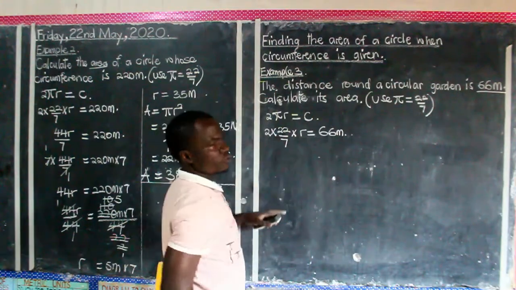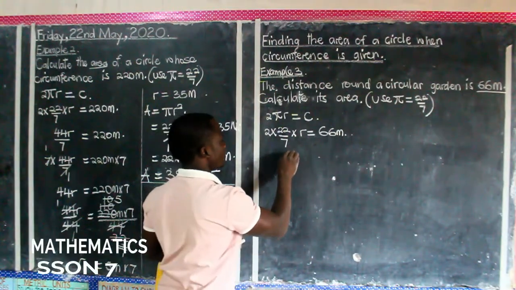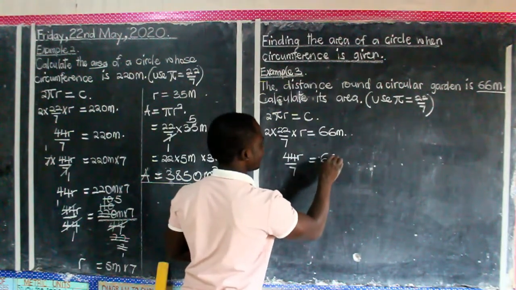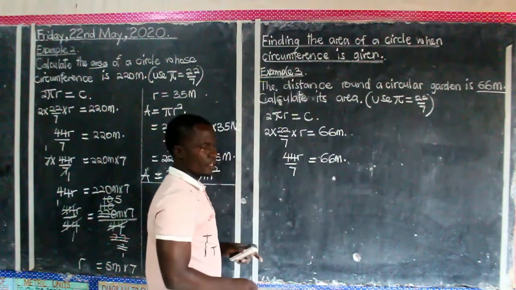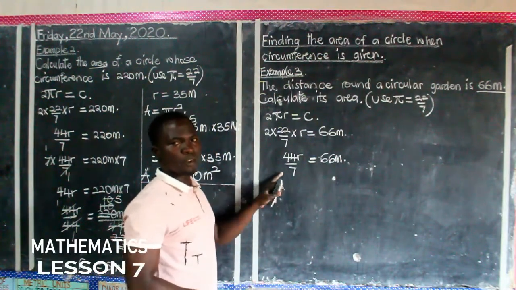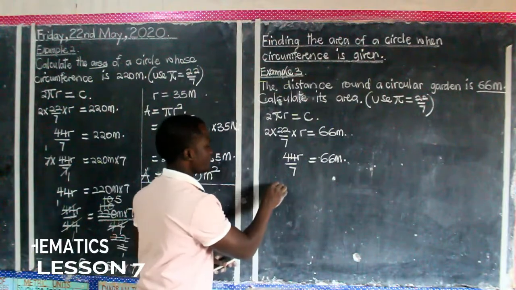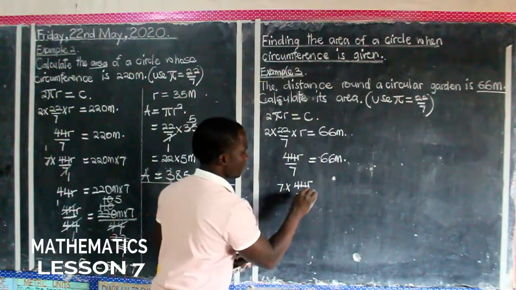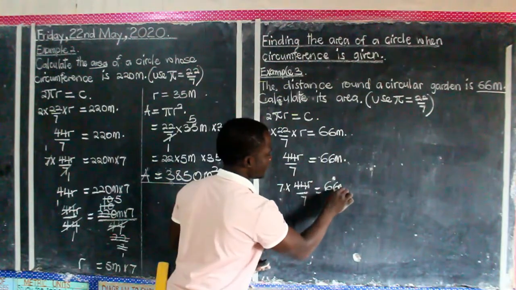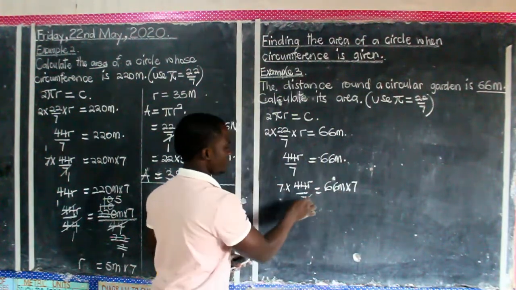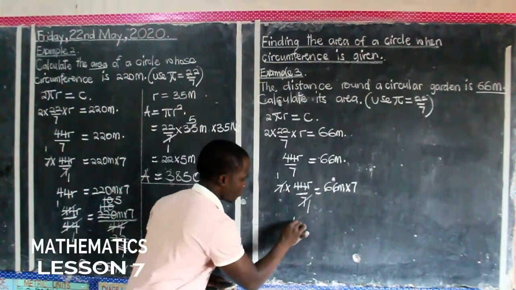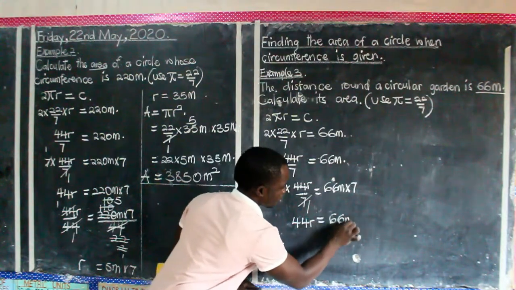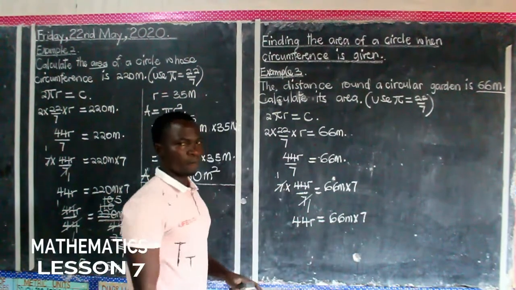So 2 times 22 times r, we shall have 44r out of 7 equals 66 meters. Okay? We shall remove 7 by multiplying it on either side. This is 7 times 44r out of 7 equals 66 meters times 7. By 7 once, 7 once. We remain here with 44r equals 66 meters times 7.